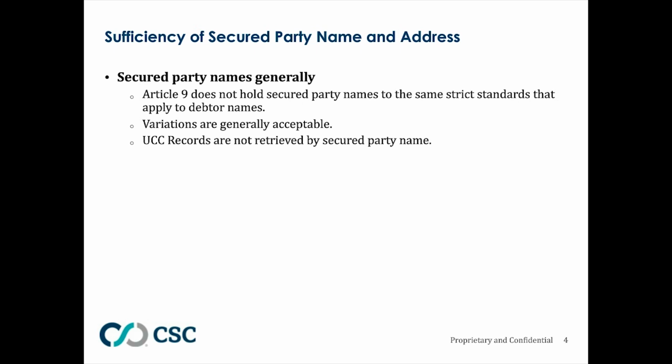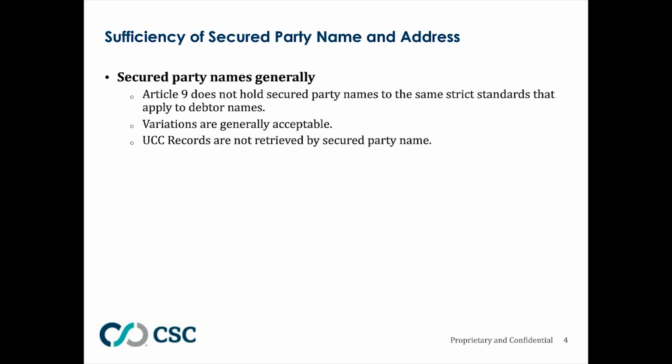They're not searched by secured party name. So the accuracy of the secured party name or the correctness of a secured party name has no effect on whether a record can be retrieved through a search using the Article 9 criteria, which is a search by debtor name or search by initial financing statement file number.